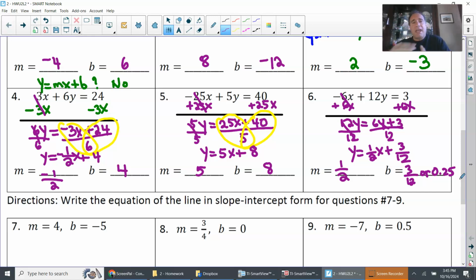This has a slope of a half. So the line is going up from left to right. But it's not a steep line because it's close to 0. And the y-intercept is 0.25. I know exactly where that crosses on the y-axis. I wouldn't know where that would cross if I said 3 over 12. It's a little bit confusing. You could say 1/4.